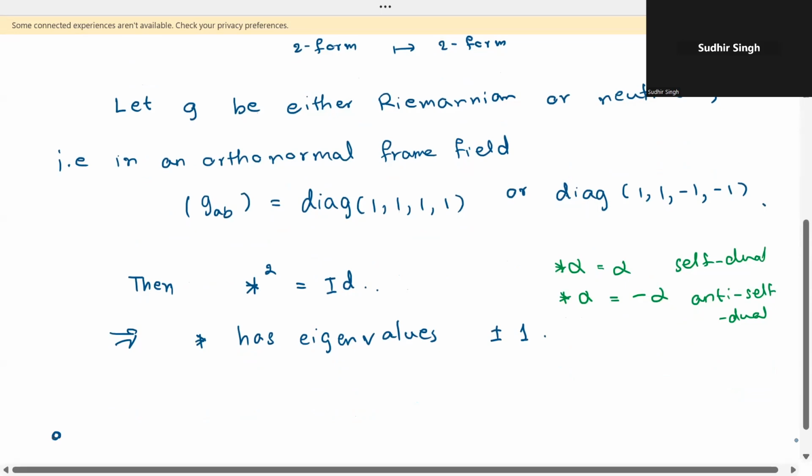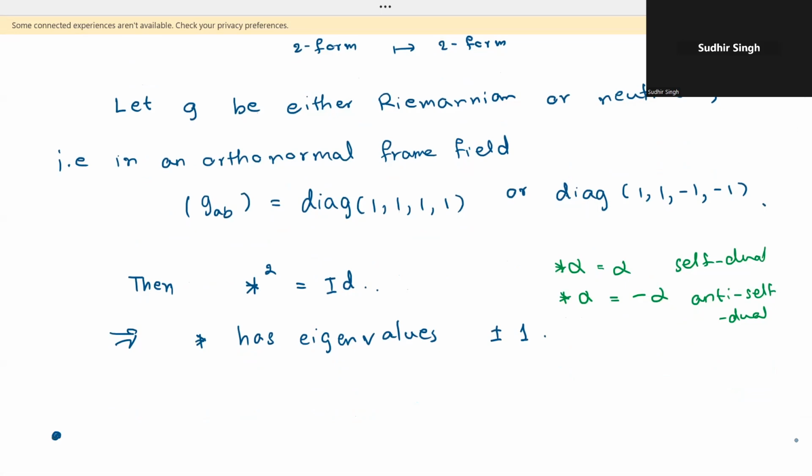So on a four-dimensional Riemannian or neutral manifold, we have a definition of self-dual or anti-self-dual two forms with respect to the Hodge star operator.